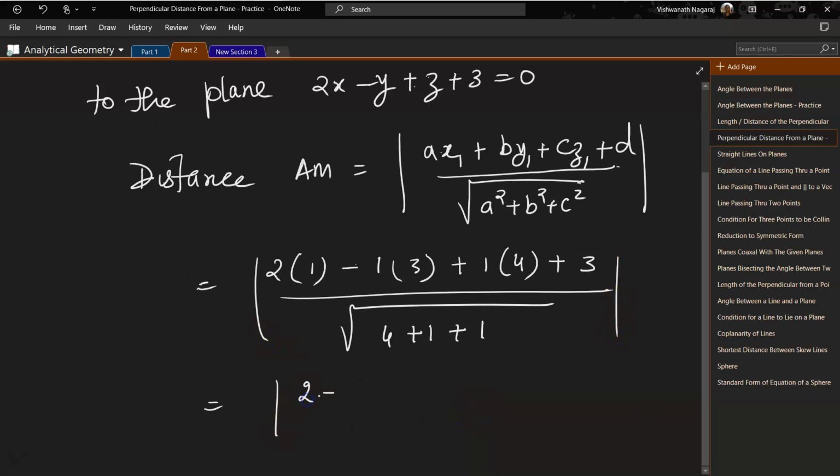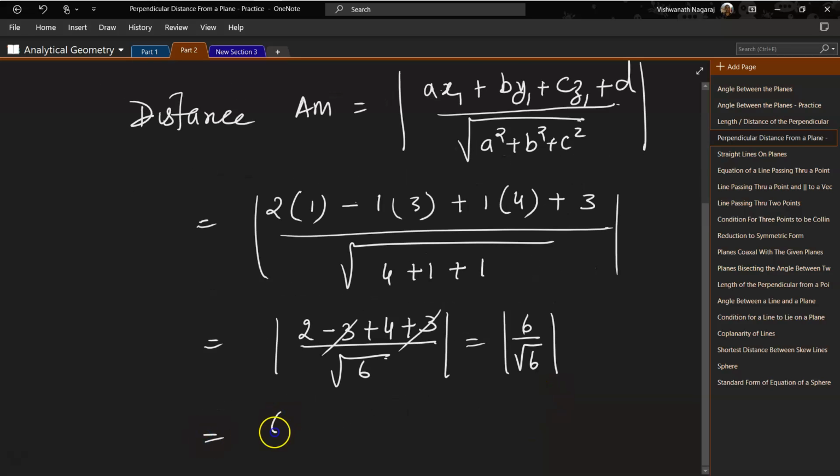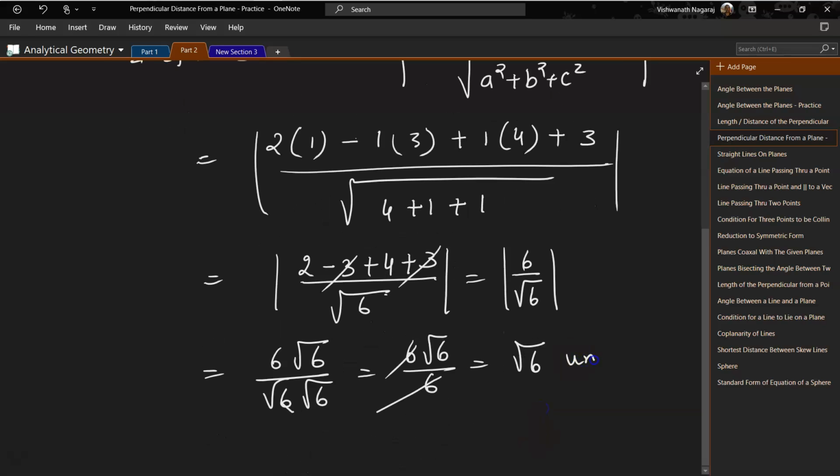So this would be 2 minus 3 plus 4 plus 3 by square root of 6. 3 cancels out. 6 by root 6. So this would be equal to 6 root 6 by root 6 times root 6, which is equal to 6 root 6 by 6, which is equal to root 6 units, because it's a distance.